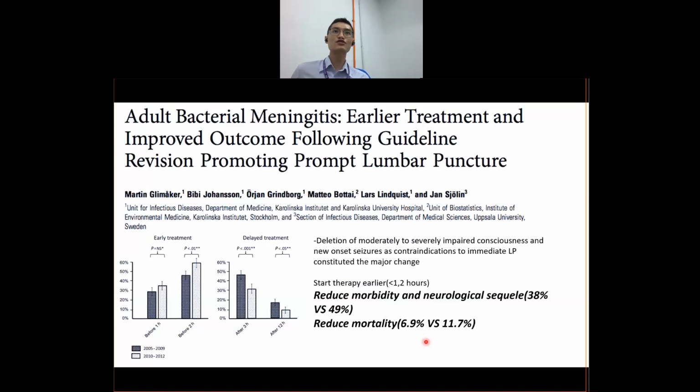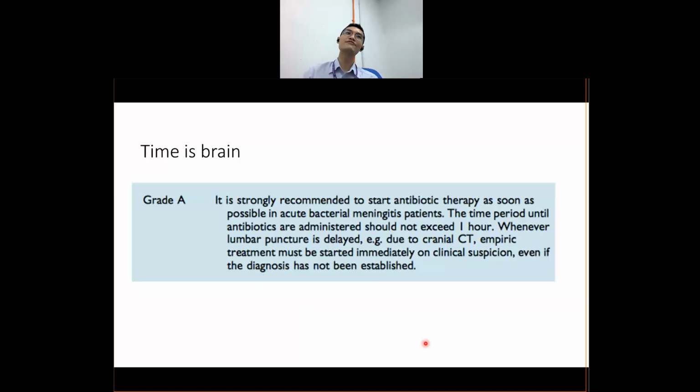So the longer you wait, the higher the mortality and also the higher the chances of the patient having neurological sequelae. Having neurological sequelae means maybe permanent paralysis of the limbs, or speech deficit or memory impairment. Okay, time is brain is very important to remember this concept.